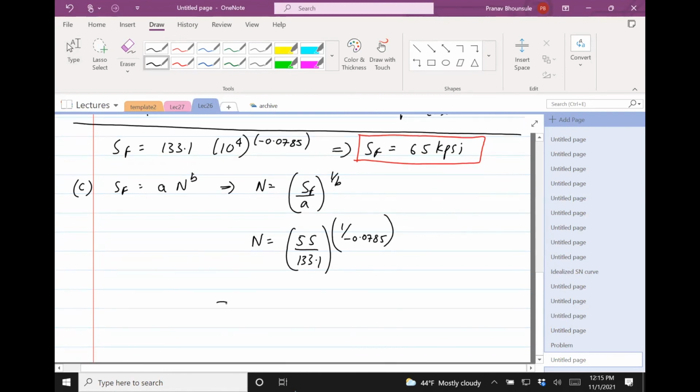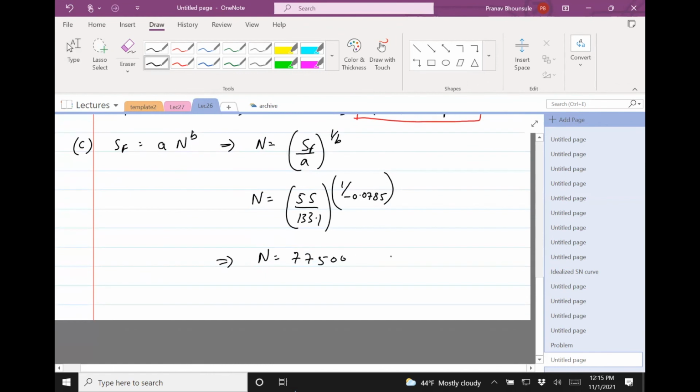Okay, so solving for N, this comes out to be like 77,500. Okay, what does that mean? It's N is approximately 7.8 times 10 raised to 4 cycles.